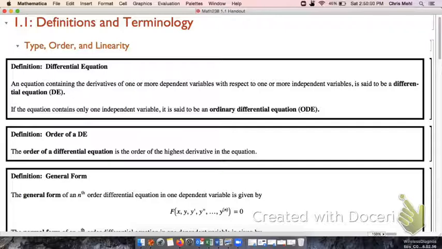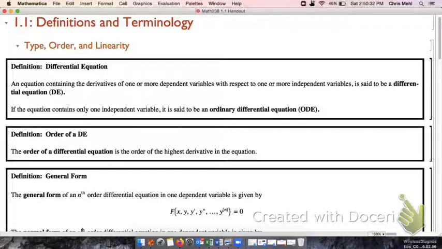What we're ultimately interested in is solving these differential equations, trying to figure out what function is related to itself and its derivatives in the differential equation that we're given. So we're trying to find solutions that are themselves functions, but we usually start with a differential equation, some equation involving a function and its derivatives where they are unknown.